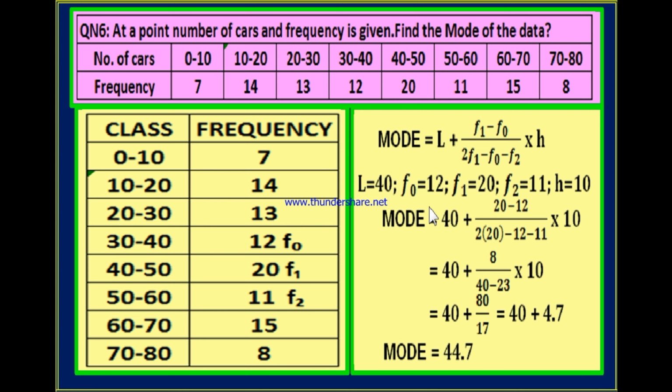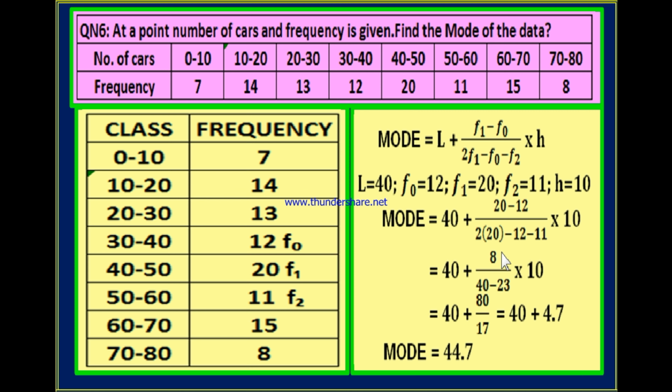Now substitute these values and simplify. Mode is equal to L value 40 plus f1 20 minus f0 12 divided by 2 f1, 2 into 20, minus f0 12 minus f2 11, into h is 10. This is 40 plus 20 minus 12 is 8, divided by 2 into 20 is 40 minus 12 minus 11 is minus 23, into 10.